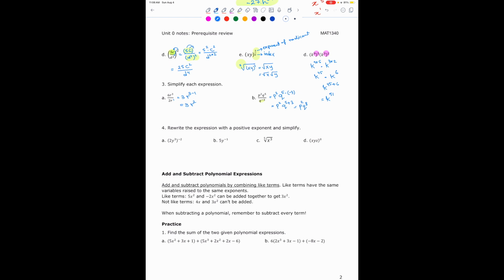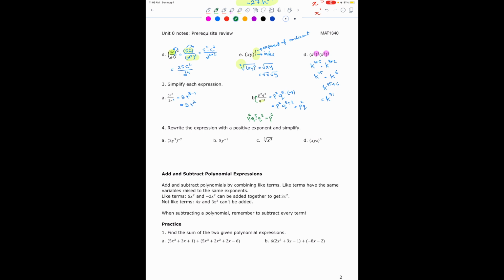Now, if I turn it into a positive, this is what's going to happen. First, I bring that up with a positive power, so it's going to be p squared q to the 5th times q to the 3rd. Now, if we combine them together, p squared remains the same because I don't have any other factor with the base p.